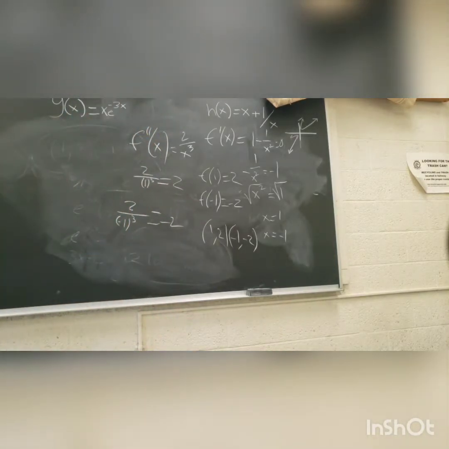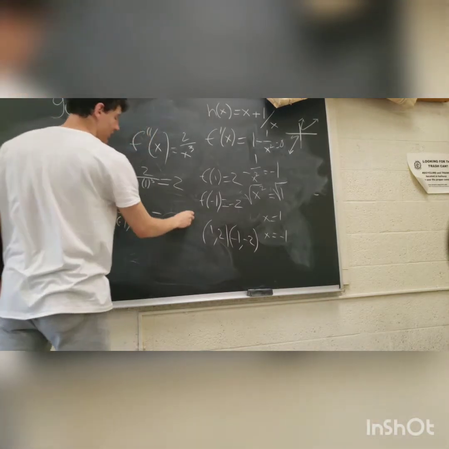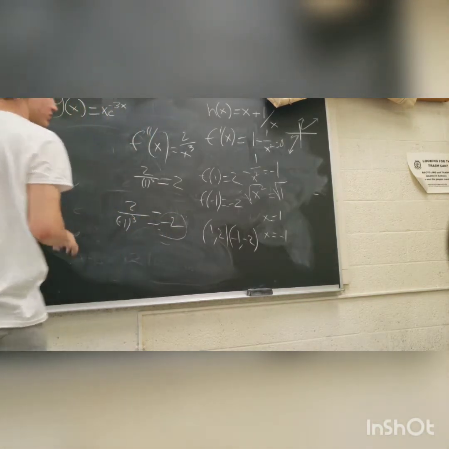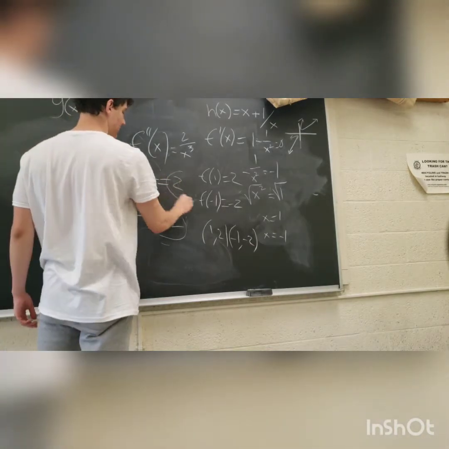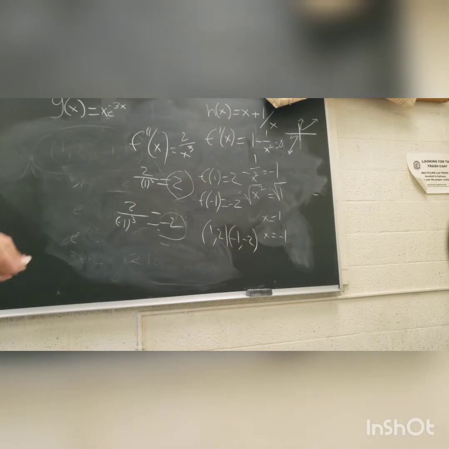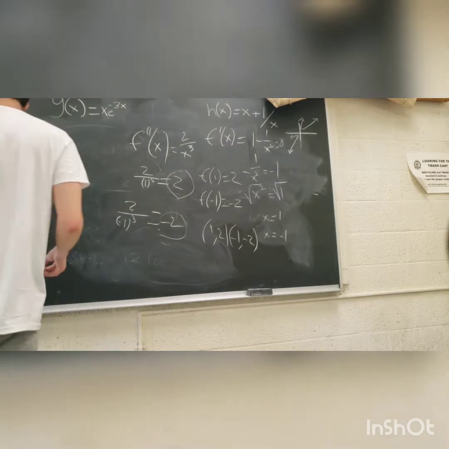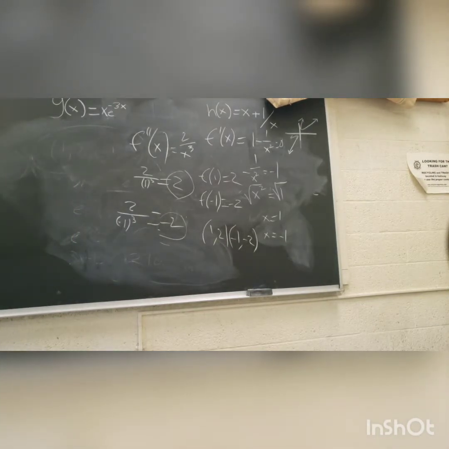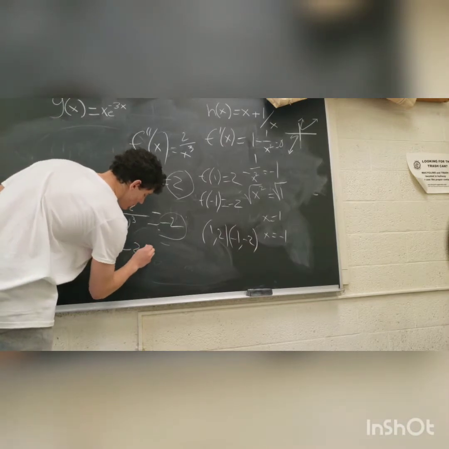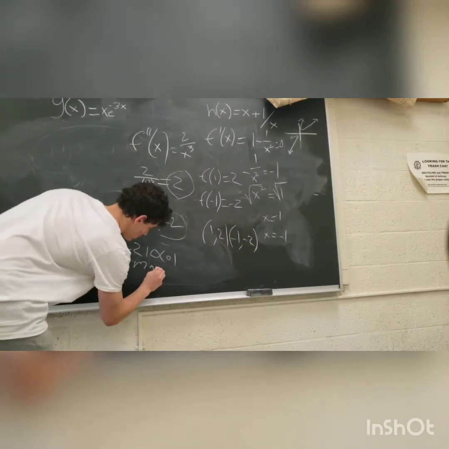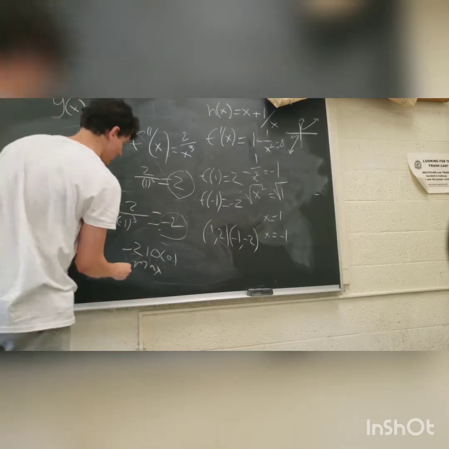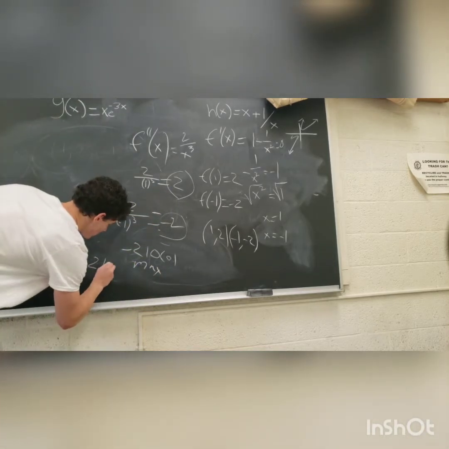And just like the other problem, if this result is negative, it's always going to be your local max. If it's positive, then that's going to be your local min. So for the problem, you have negative 2 is your local max, and 2 is your local min.